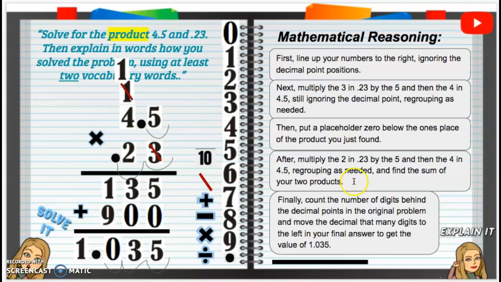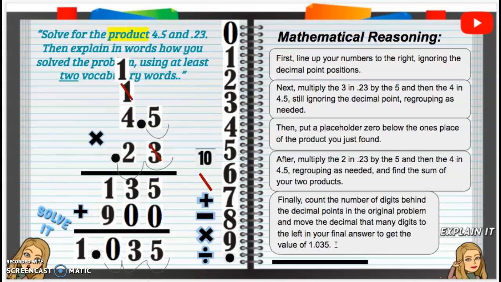After, multiply the 2 in 2300ths by the 5 and then the 4 in 4 and 5/10ths, regrouping as needed, and find the sum of your two products. Finally, count the number of digits behind the decimal points in the original problem and move the decimal that many digits to the left in your final answer to get the value of 1 and 35 thousandths.